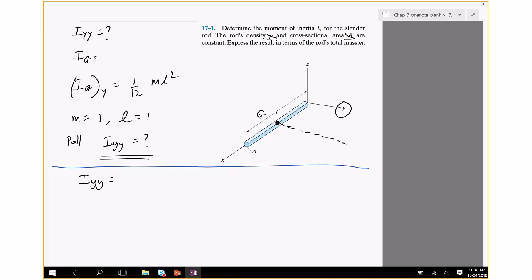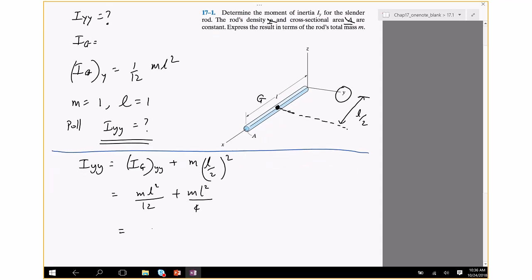Okay, so Iyy is IG about the axis yy plus the mass times the distance from axis y to the center. So that's going to be L divided by 2, half, right? So this is mass times length squared divided by 12 plus mass times length squared divided by 4. And so if you do the math on that, it comes out to be ml squared divided by 3.